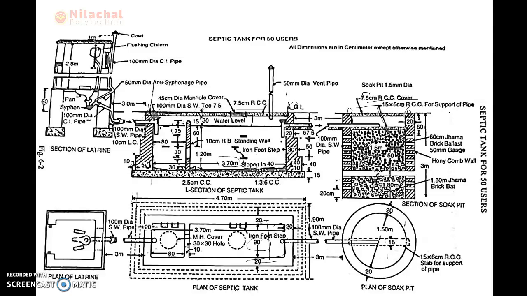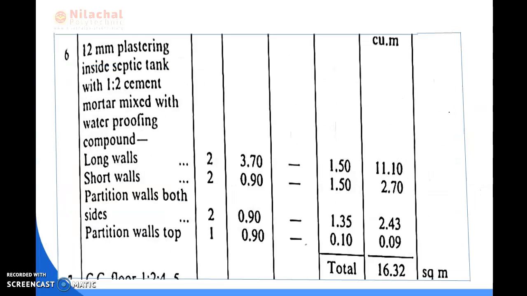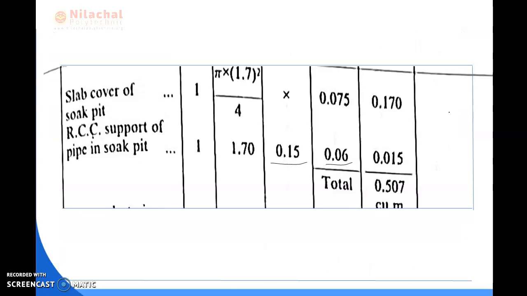So here the total length is 1.50 plus 0.1 plus 0.1, which is equal to 1.70. Then we get the value of the RCC support of pipe in soak pit, which is 1 into 1.70 into 0.15 into 0.06, which is equal to 0.015 cubic.